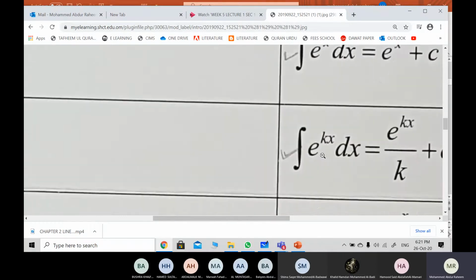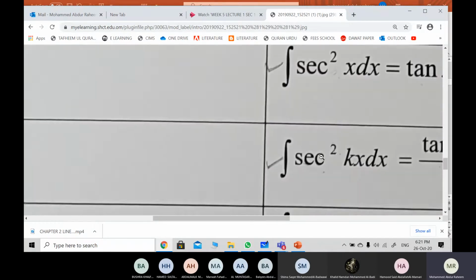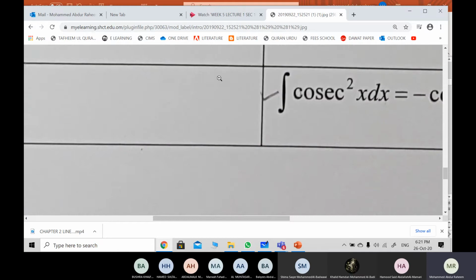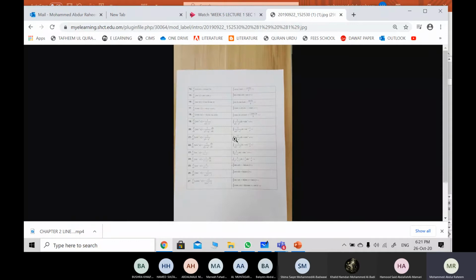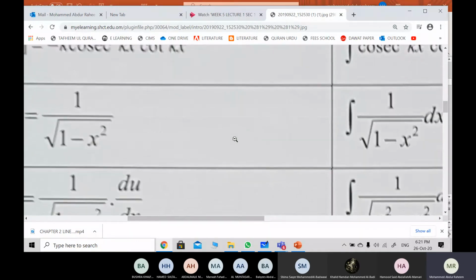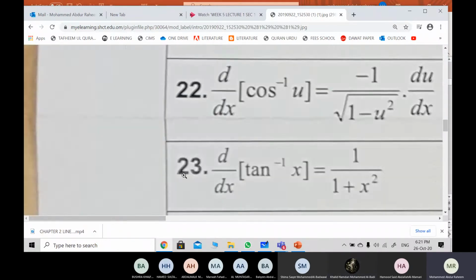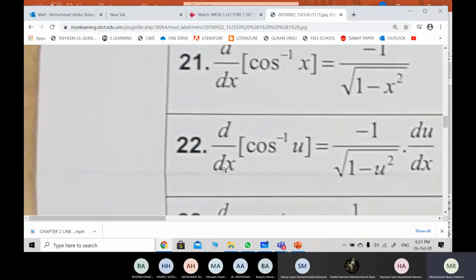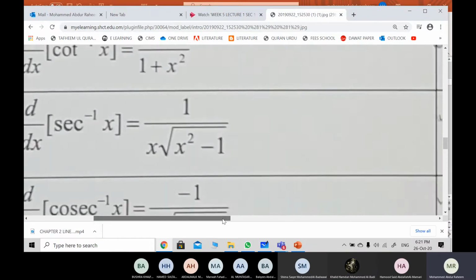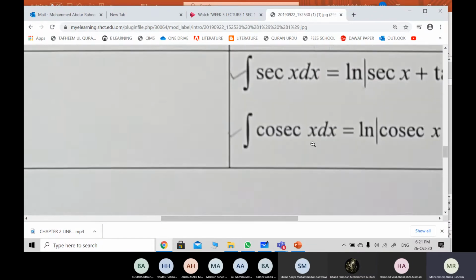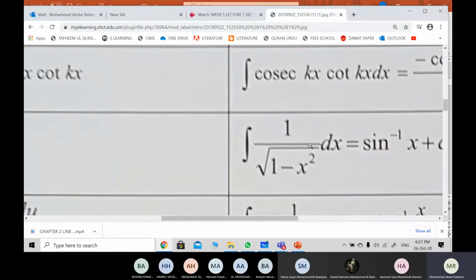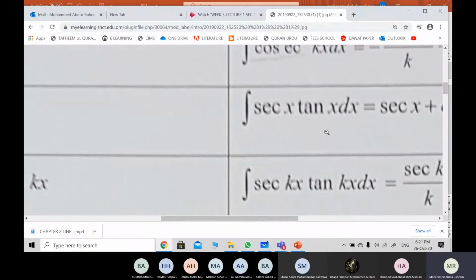Here it was, on the next page. Yes, this is the derivative. Integral of secant x tan x, how much?